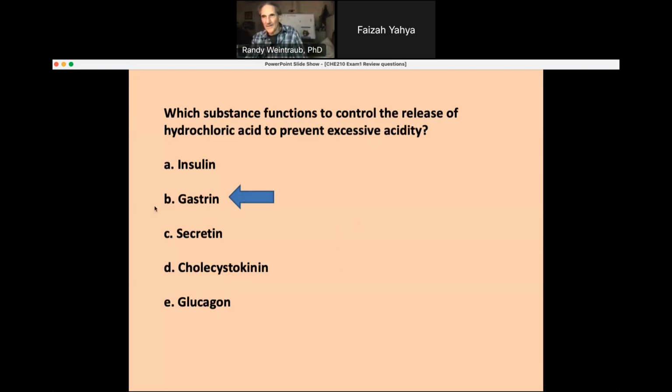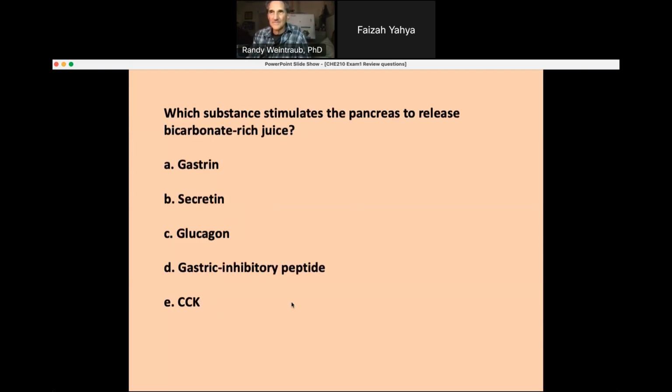So think about what do you know about each of these very important digestive hormones? The carbohydrate release from the pancreas, which one signals that? That's the secretin.